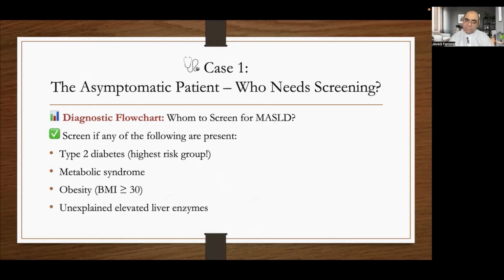If a patient presents with these scenarios, this is the patient who should be screened for MASLD.